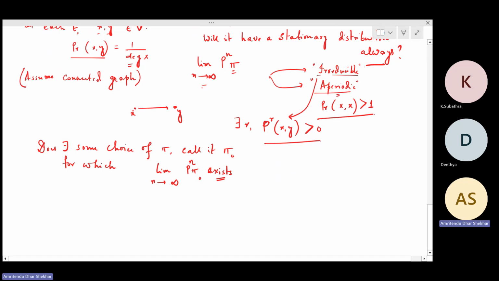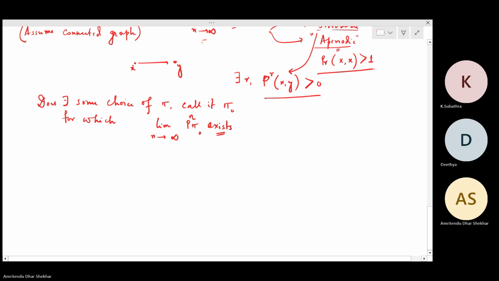In fact, we'll answer a simpler question. Does there exist a pi 0 for which P pi 0 is equal to pi 0?